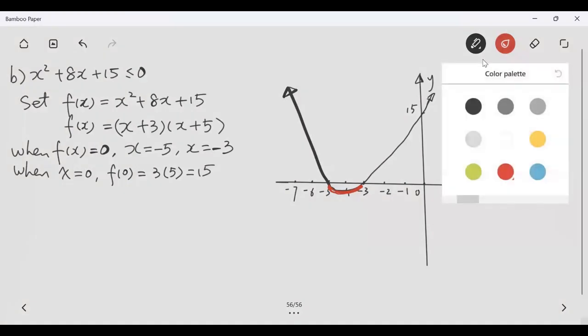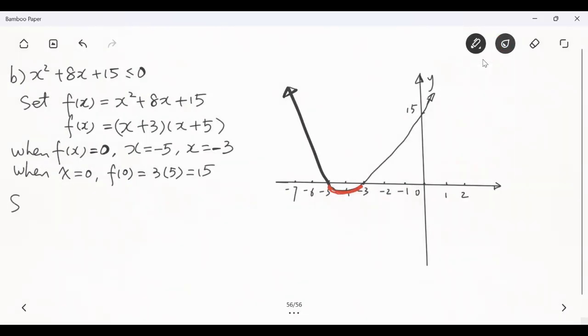Okay, this part. So we write down the solution of the inequality: negative 5 to negative 3.